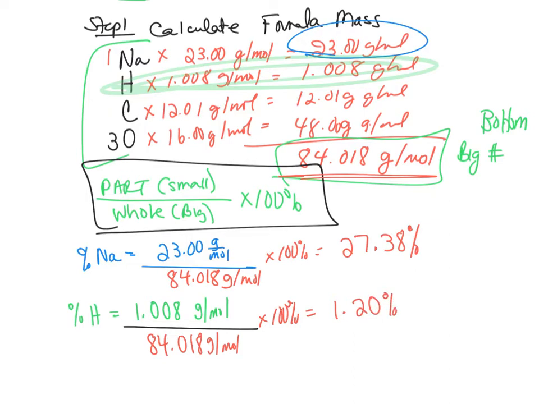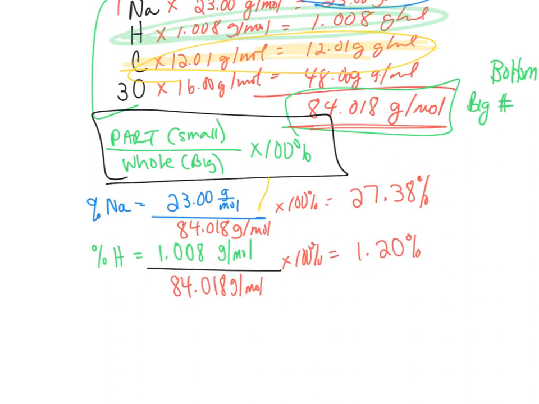All right, and now we're on carbon. So let's do our carbon. So percent of carbon is the part, 12.01 grams per mole, and we're going to divide that by the whole, which is 84.018 grams per mole, times 100%.